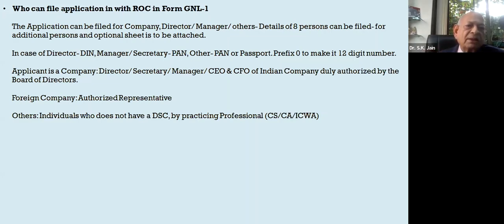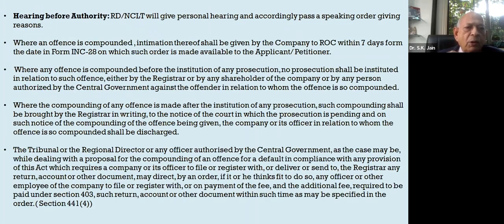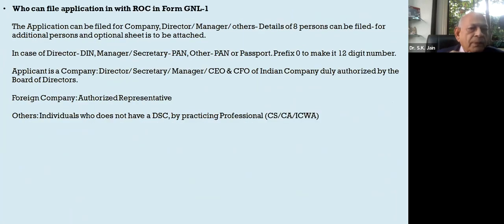If the applicant is a company, then the director, secretary, manager, CEO, CFO of the company duly authorized by the board of directors can sign the application. In case of a foreign company, an authorized representative can file. An individual who does not have a DSC can file through a practicing professional.